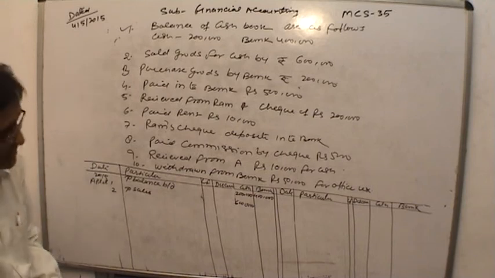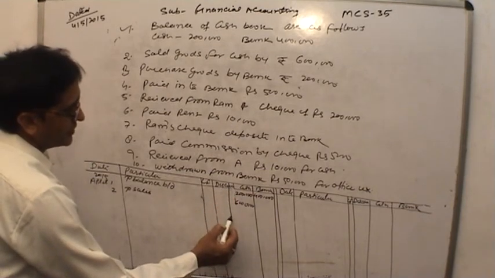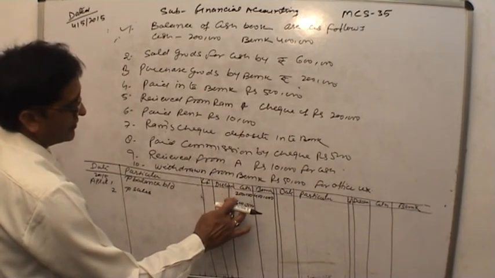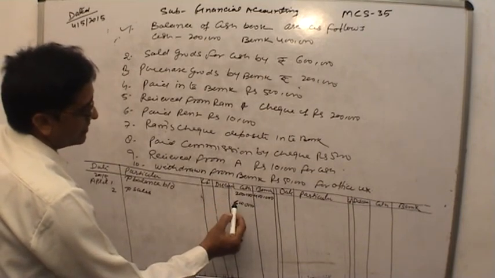Now we can reduce this column here for clarification on the numbers.